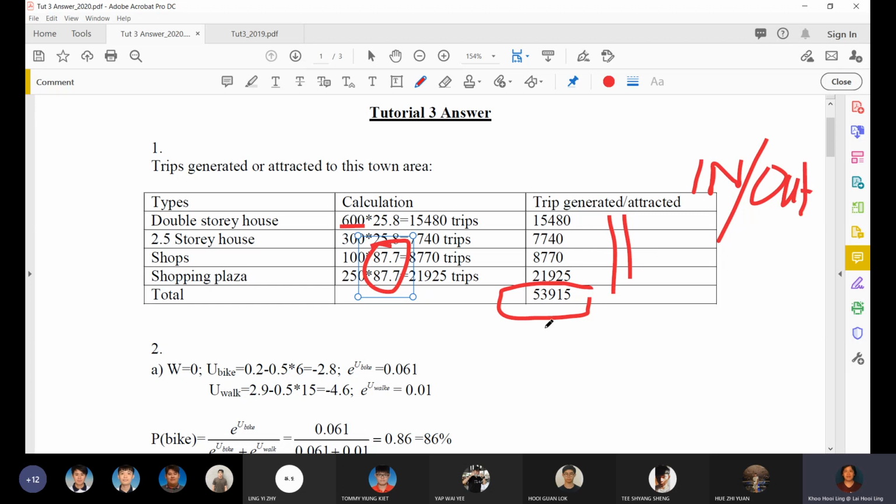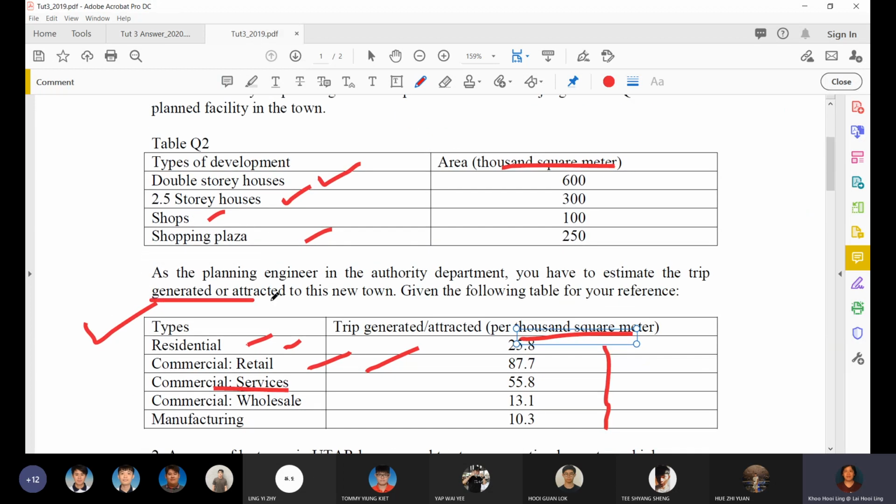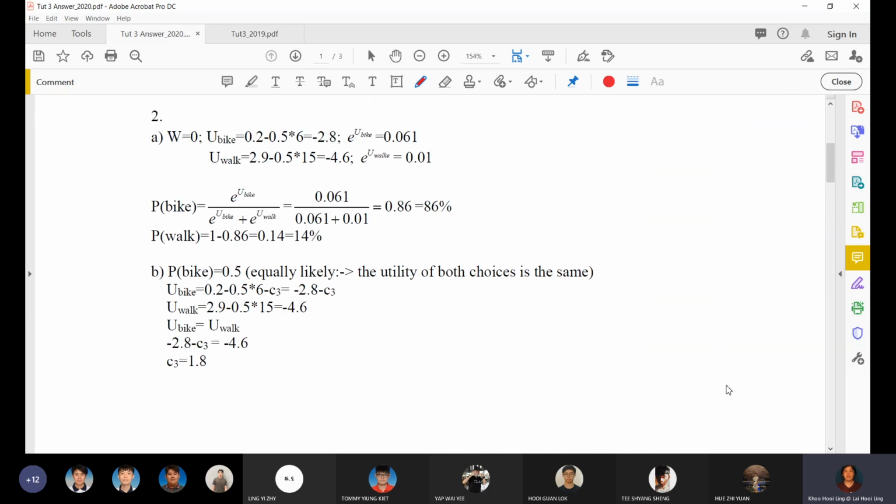In this case, it's just general. We are either calculating in or calculating out. There is no specific mention of which type, because the question says generated or attracted. Any question?